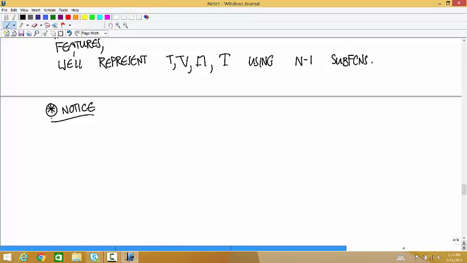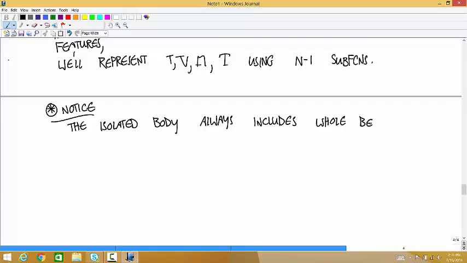But notice that the isolated body always includes the whole beam from the left endpoint, from the left end of the beam to x on the right.